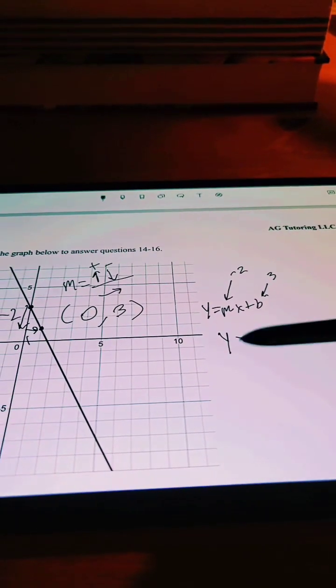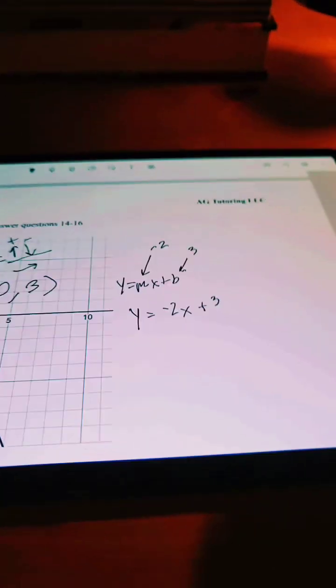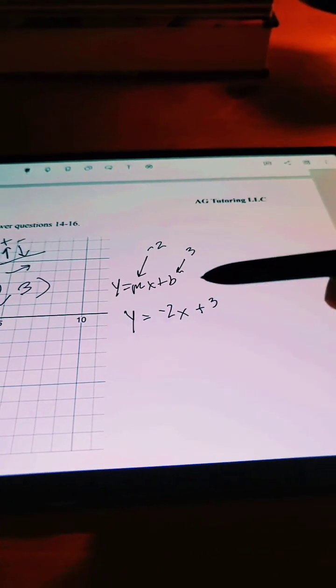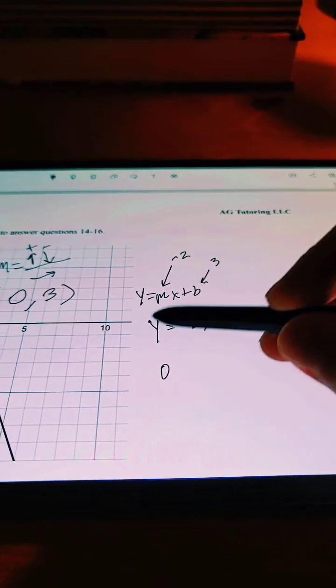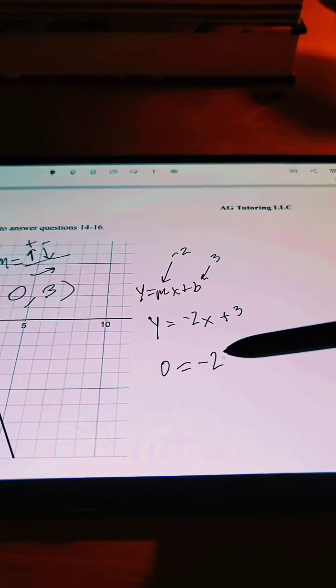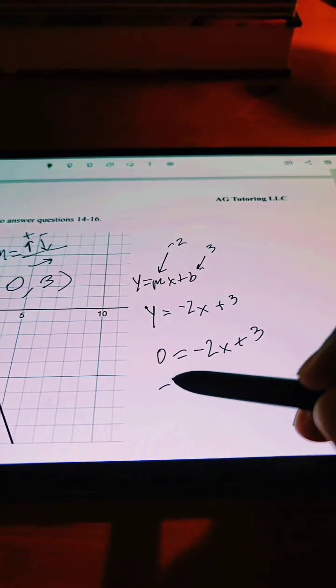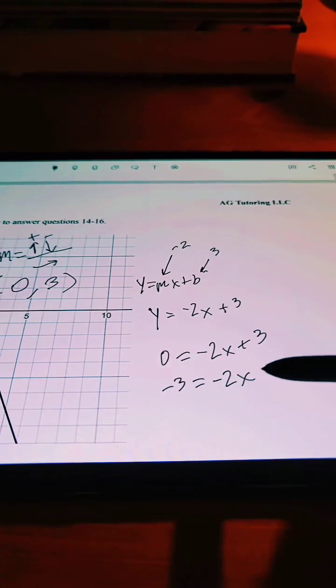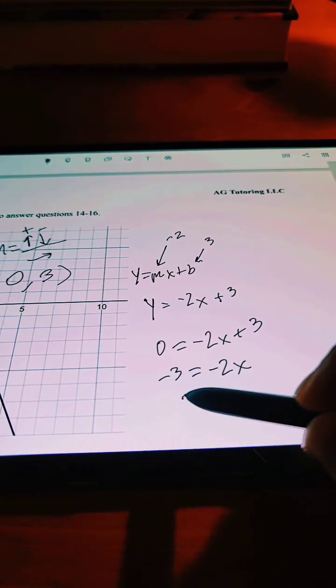Now if I plug those in, I have a linear equation that I can use to solve for my x-intercept. To solve for the x-intercept, I plug in 0 for y. So 0 is equal to negative 2x plus 3. Minus 3 on each side, and then divide by negative 2 on each side.